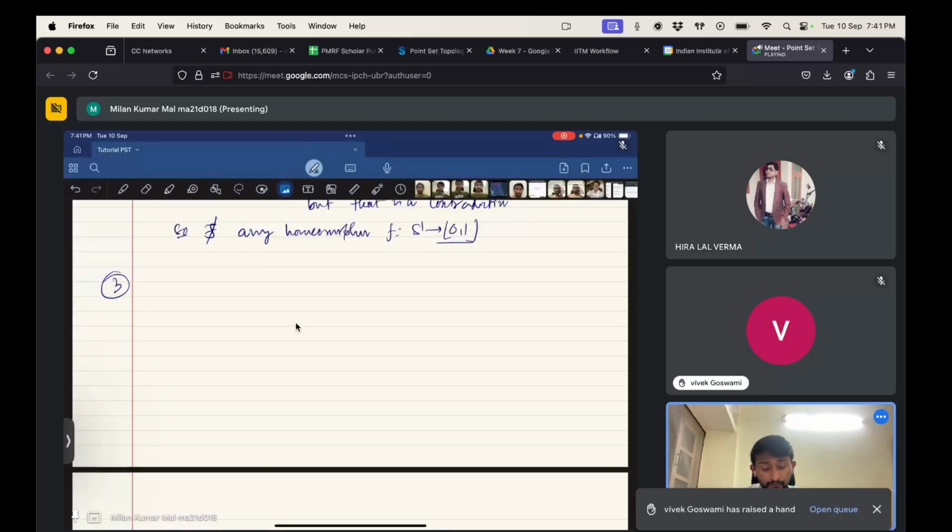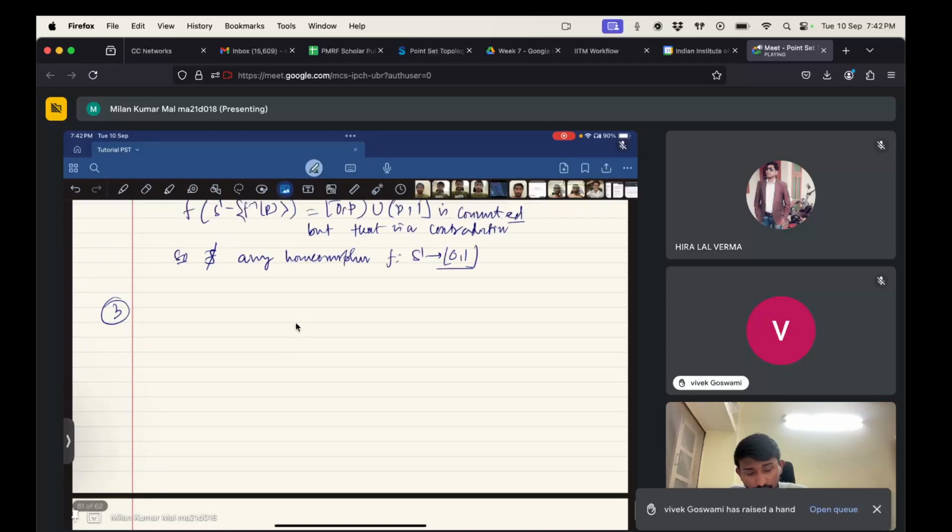Yes, Vivek. Sir, I had a question. Can there exist a continuous bijective function from the open interval (0,1) to the compact interval [0,1]? Just a minute.